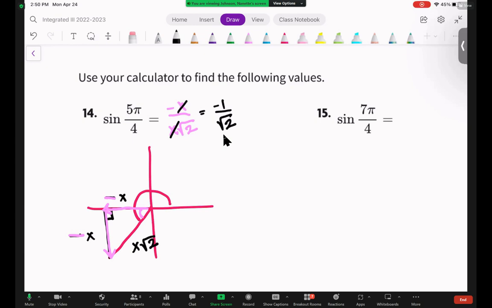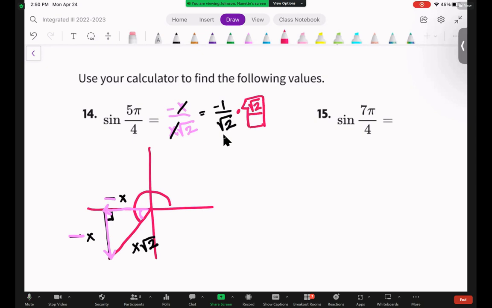All right, so the way we rationalize it is we multiply by root 2 over 2, which is just my number 1. So I get negative root 2 over 2, because root 2 times root 2 is root 4, which is just 2. So there's my answer. Okay.